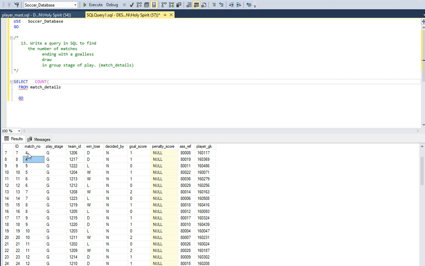But the match number is repeated because of, you know, 2 teams, team ID 1, 2, there are 2 teams. Or I can take, yeah, if I take team ID, I don't have to use distinct. If I use match number, I have to use distinct. Do you understand what I'm saying? Because if I use distinct, it repeated 2 times, but it will give count 1.